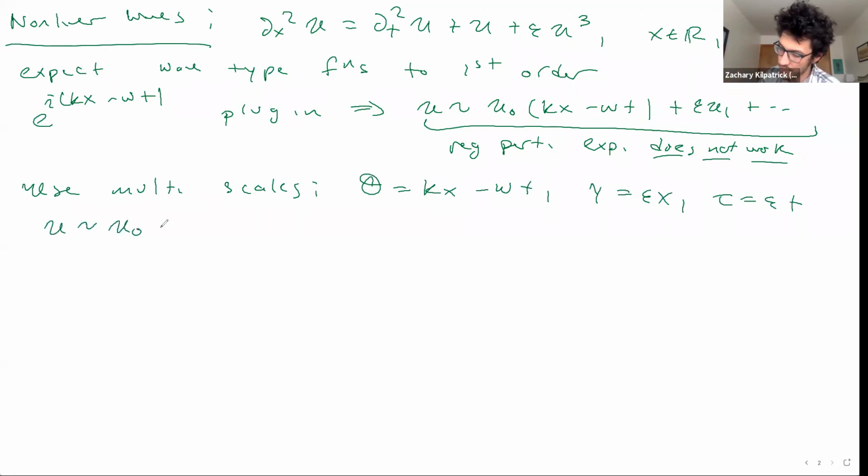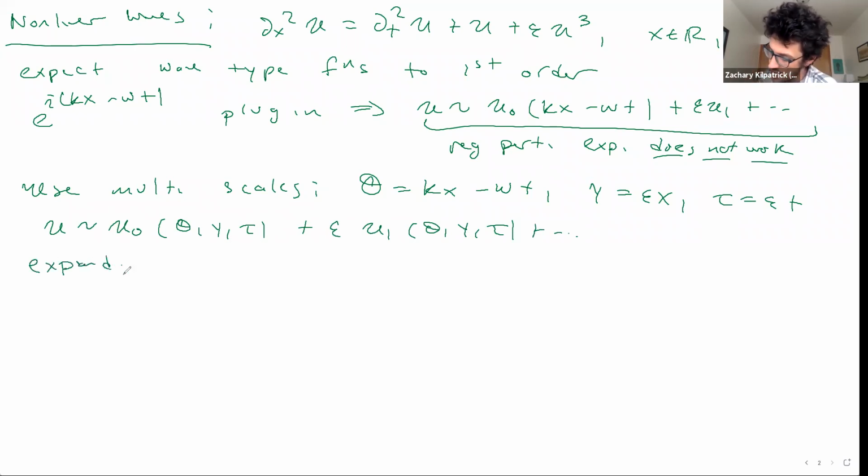u is then going to equal u0(θ, y, τ) + εu1(θ, y, τ), and so on. Plugging in, expanding, and isolating powers of epsilon, you get the following amplitude equations for r equals ωy + κτ.